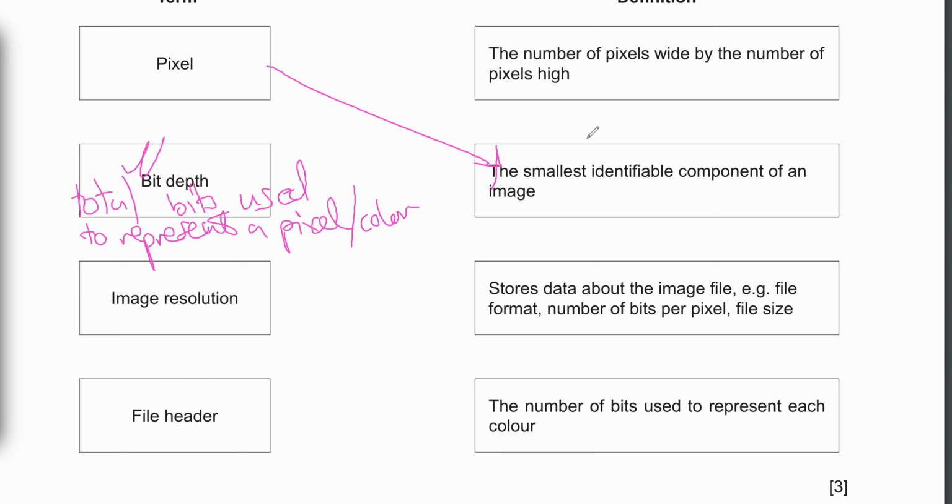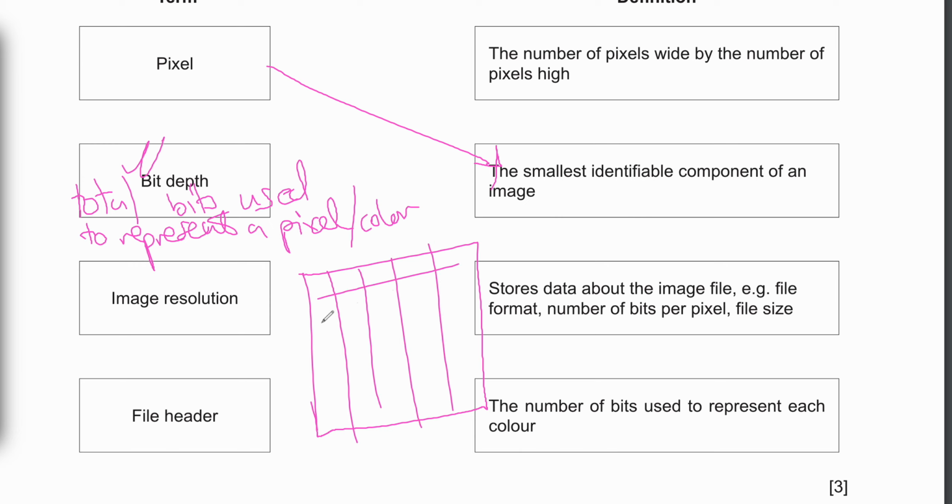Check this out. When you're talking about a bitmap image one more time, we're talking about something like this. If I have an image like this, it comes through with a number of pixels like this.